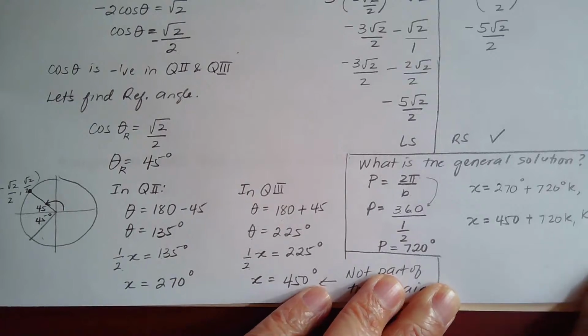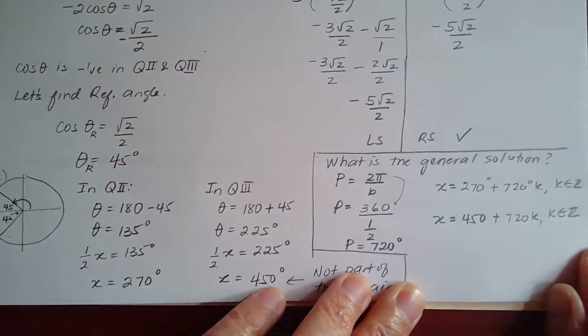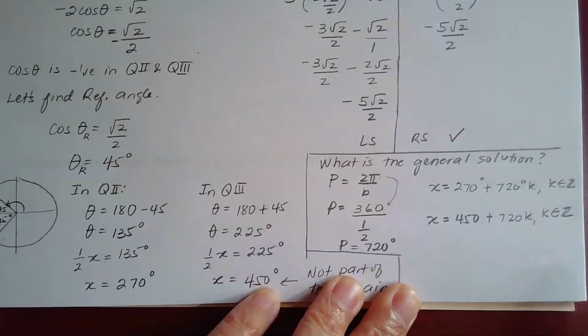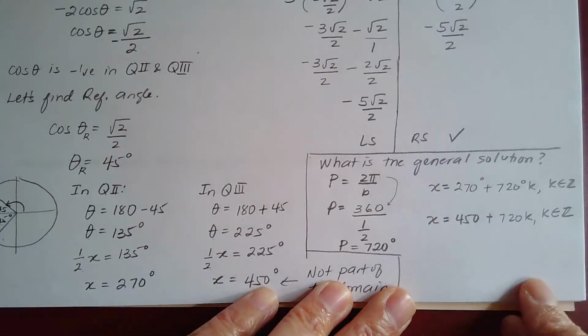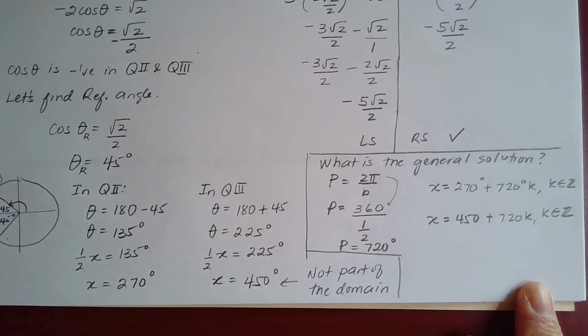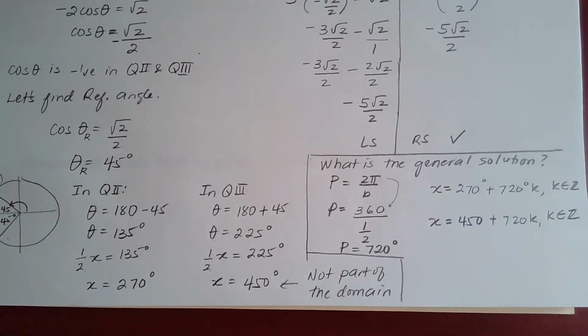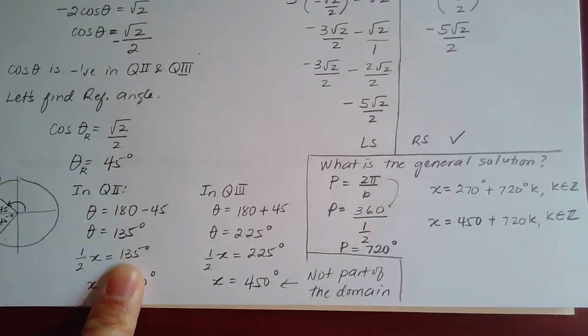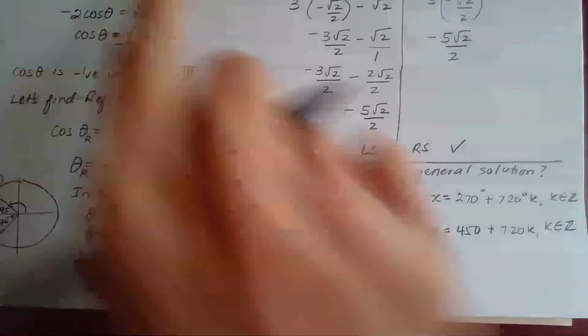Okay, so just to show that to everybody. Okay, that's good. We did pretty good. We did the solving of trigonometric equations involving multiple angles or half angles in this case here.